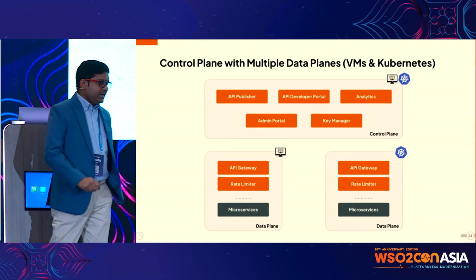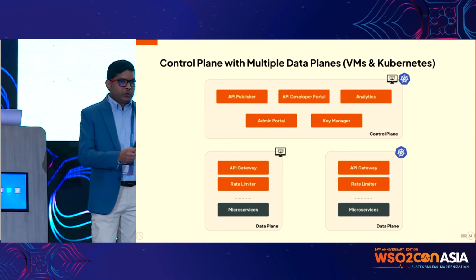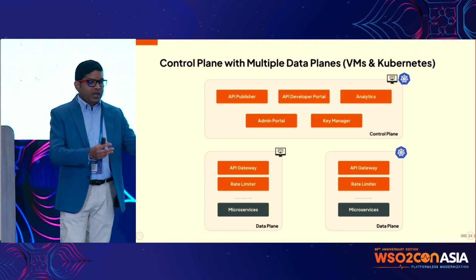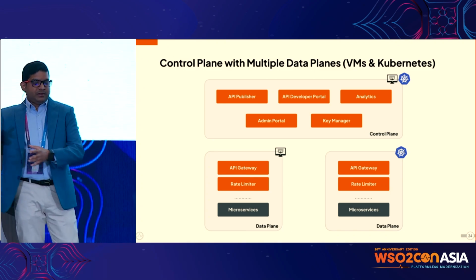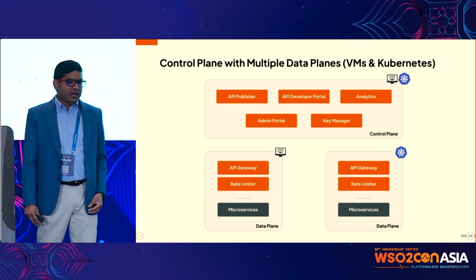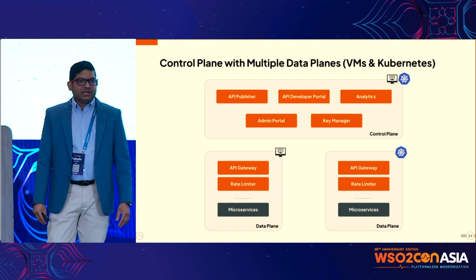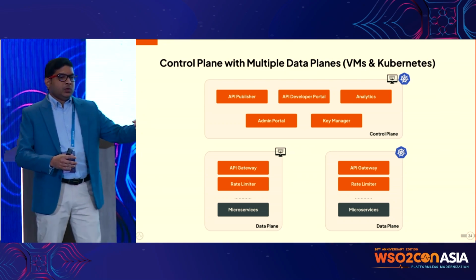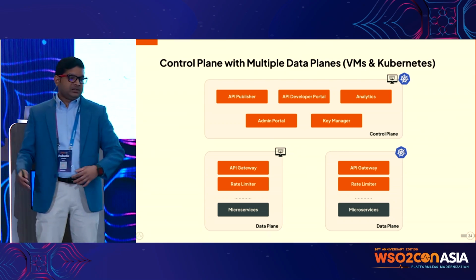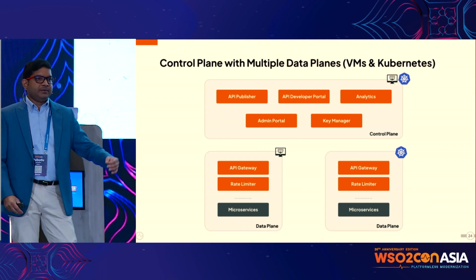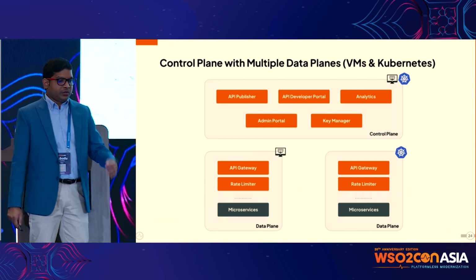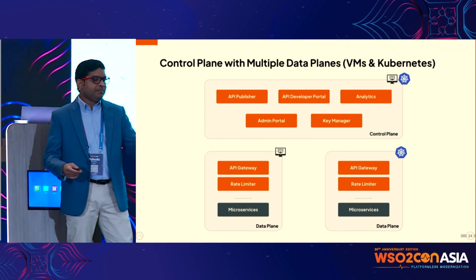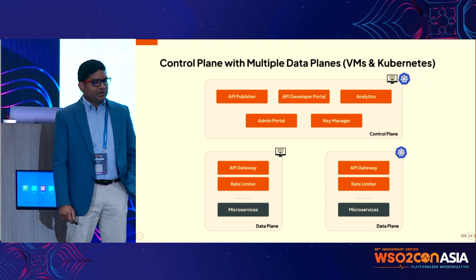The first idea is that you can deploy the control plane in a separate Kubernetes cluster while you have data planes in a different Kubernetes cluster, or even a VM based deployment as well. With this separation you can make sure you migrate from VMs to Kubernetes. That's where we find this pattern very heavily. And even if you want to bring resiliency to your API system, this is where you can check for this kind of pattern.